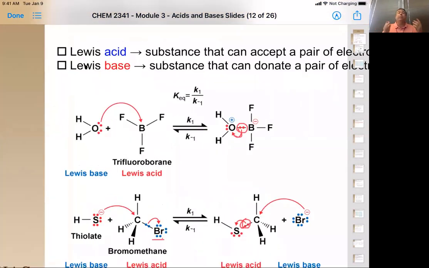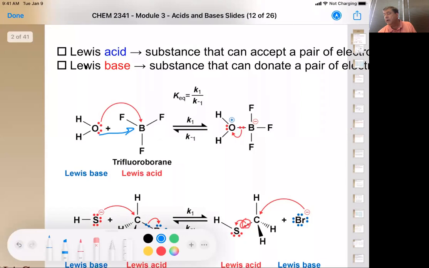Our boron only has 6 electrons in its outer shell, so it can accept electrons from a system, okay? Our lone pairs here on our water can donate them to create a new sigma bond. And when they do, those electrons are the ones that create that sigma bond here.